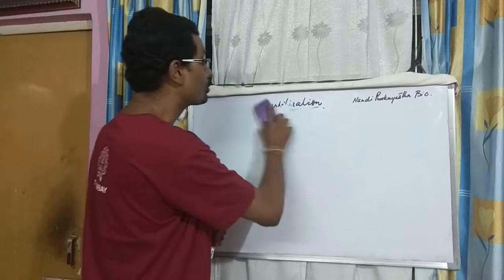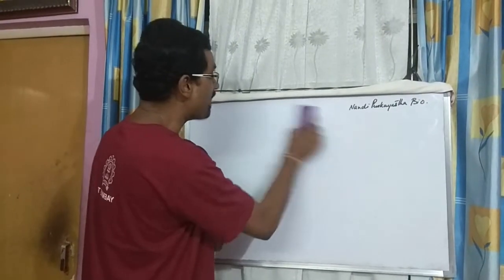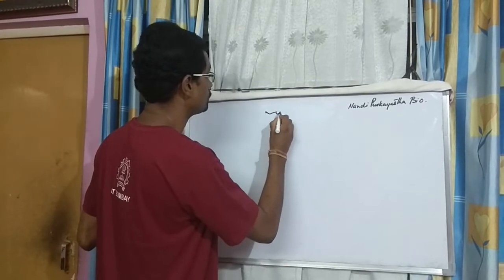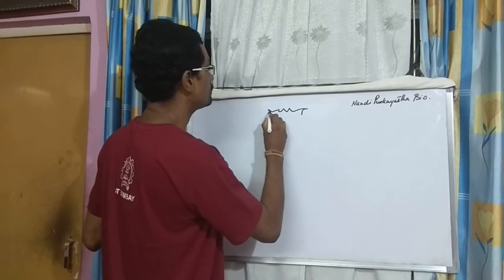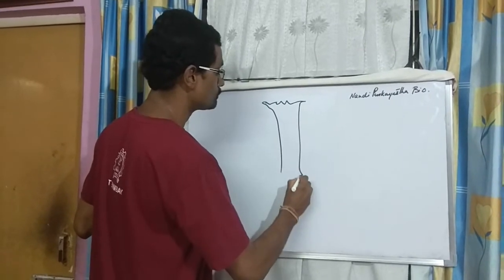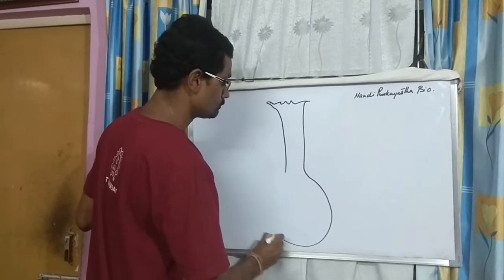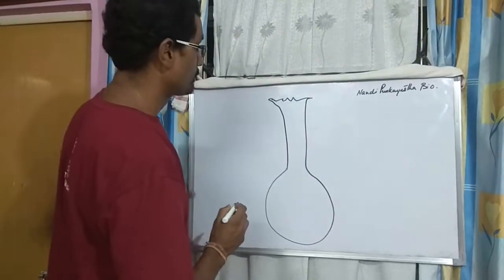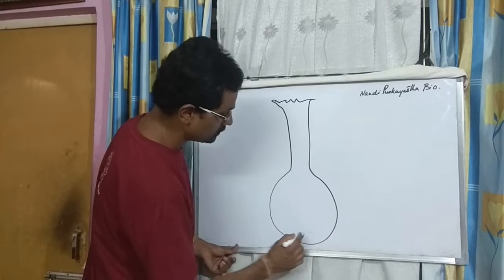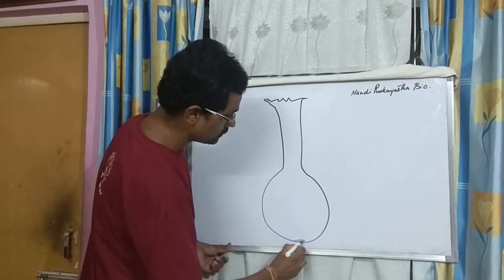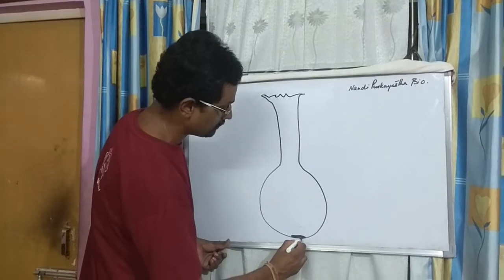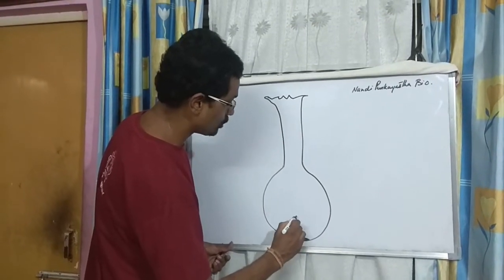Let's go to the diagram that we have done earlier. So I will be completing the earlier diagram. So you remember placenta, the stalk occurring.